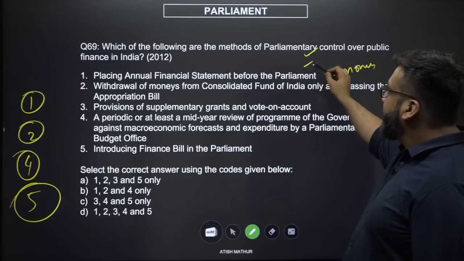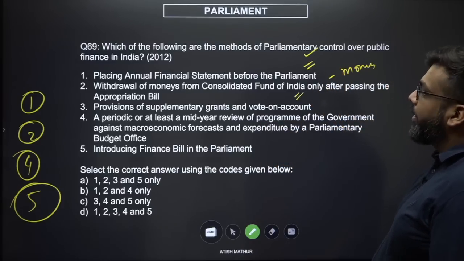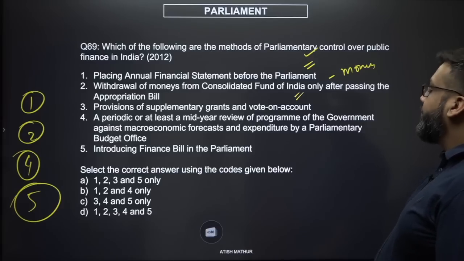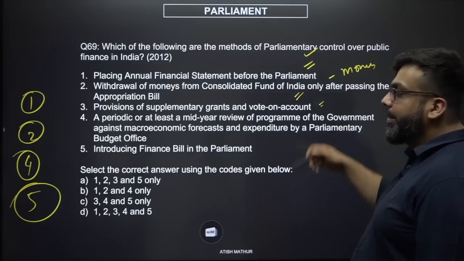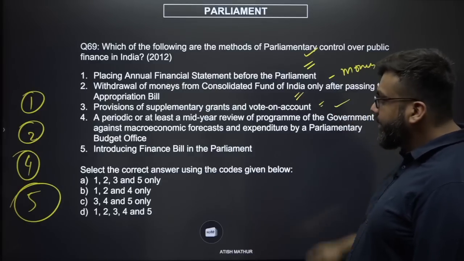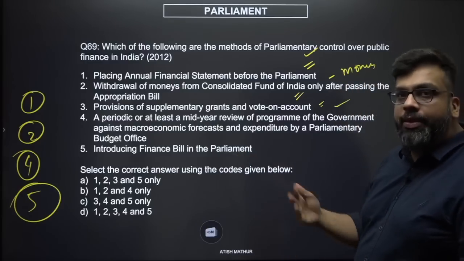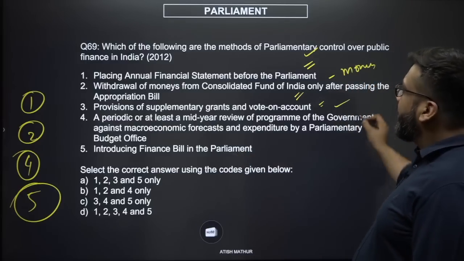If statement 1 is correct, statement 2 will definitely be correct. So any option which is 1 and 2 will always be true. Provisions of supplementary grants and vote on accounts, they have to also be approved by the parliament in case you need more money and your budgetary money is running out. Makes sense. Introducing a finance bill in the parliament is again fiscal policy decisions which you require parliamentary sanction for.